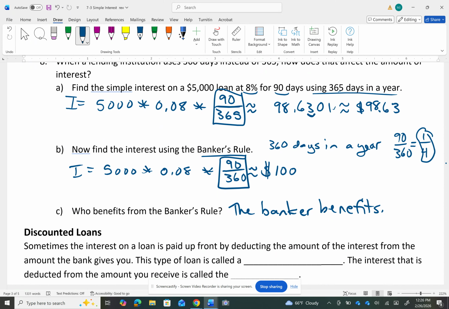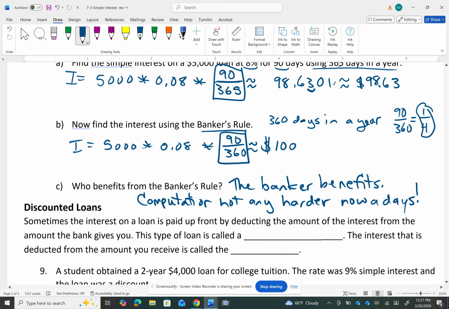So the computation is really not any harder. Nowadays, because we all have access to computers, there's no reason to be using the banker's rule anymore. Back when everybody was doing all these calculations by hand, sure, I'd rather be dealing with 1/4 than 90 over 365.